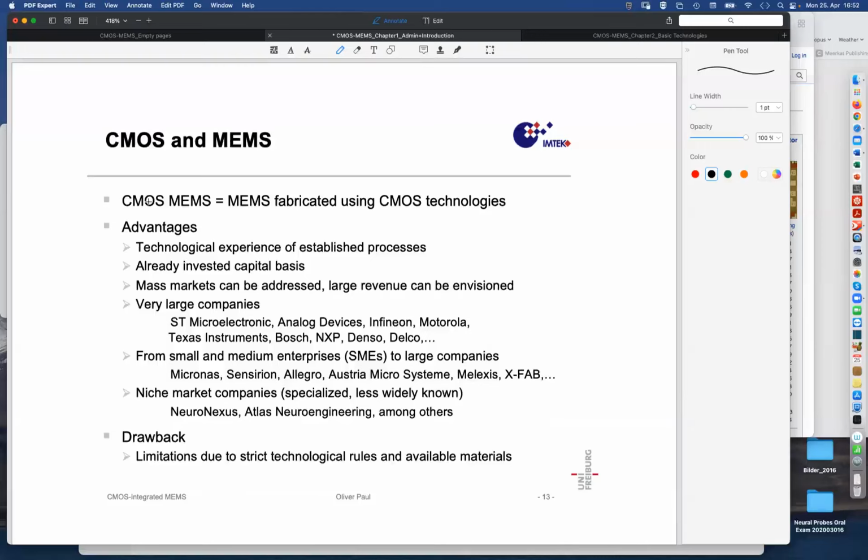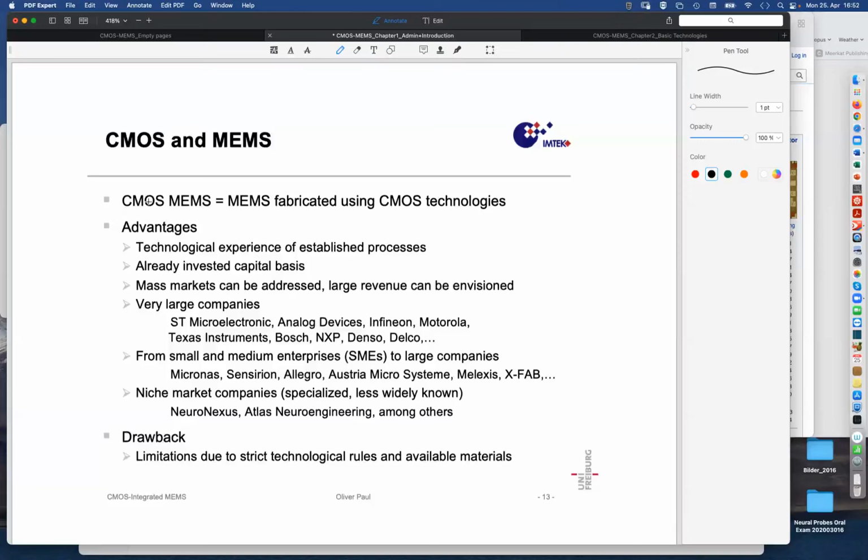If you have an idea for a smart thing that will only be applied in very exclusive situations, you might have a niche product that can sell expensively because somebody wants it, but this is not going to be a mass market product. So CMOS in that case is not the good thing.